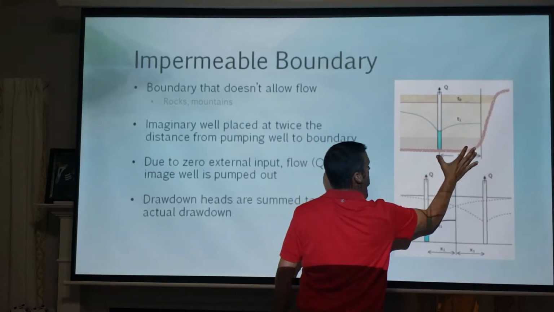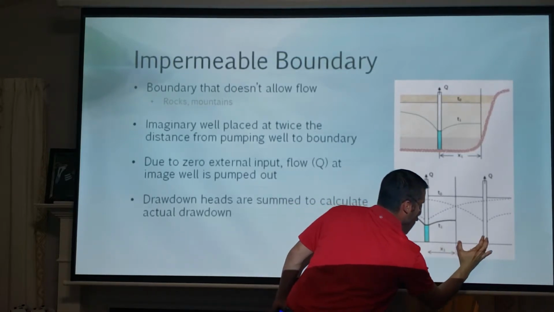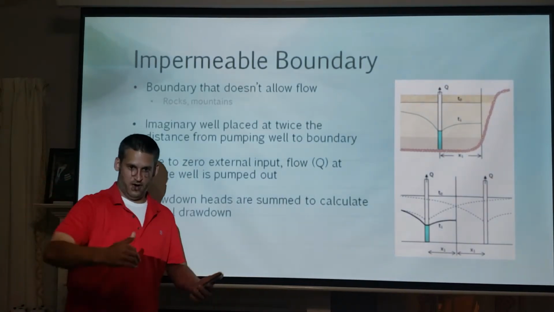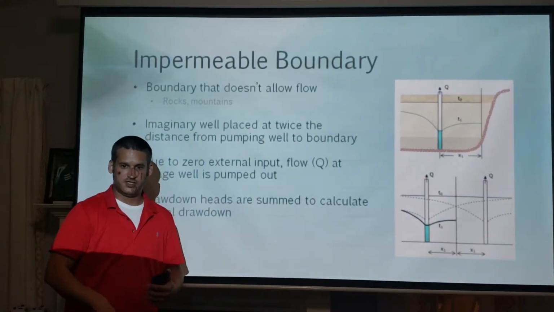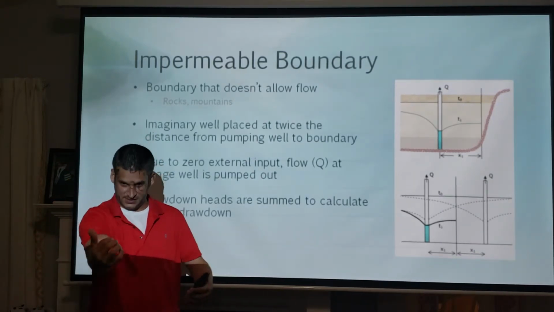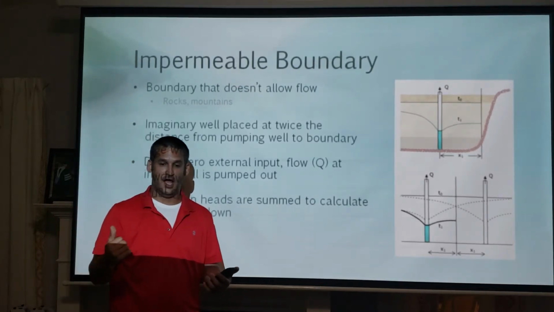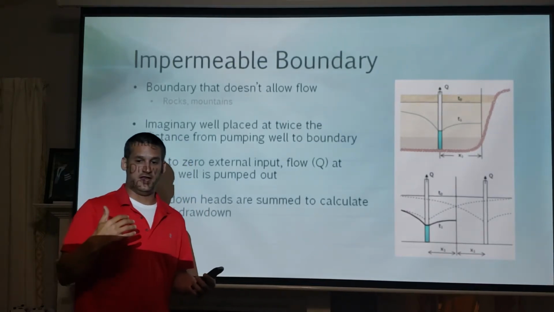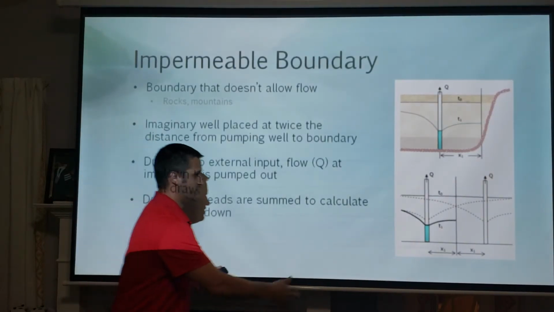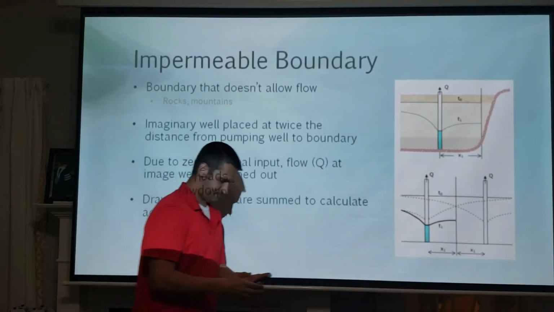So we're going to measure this distance, and we're going to double that, and that's where we're going to place our imaginary well. So, impermeable, you can have no input flow. So the pump on this is going to be going out. Since you don't have any water coming in, you're pumping out. And so therefore the drawdowns, you're going to put those together, and those are generally both going to be low. As you can see here, you have a drawdown and then another drawdown.